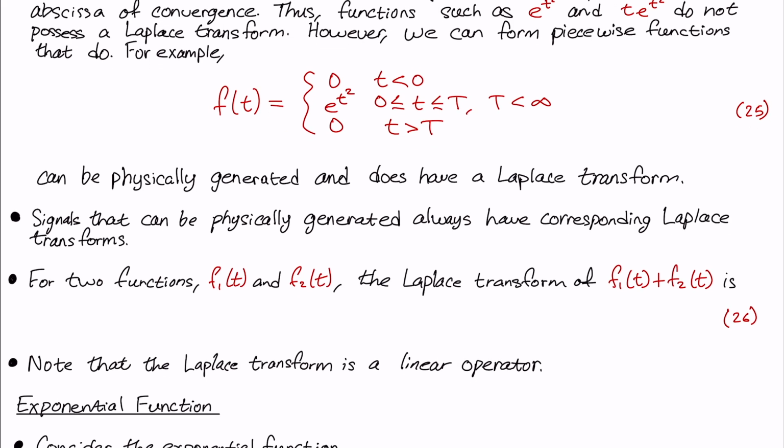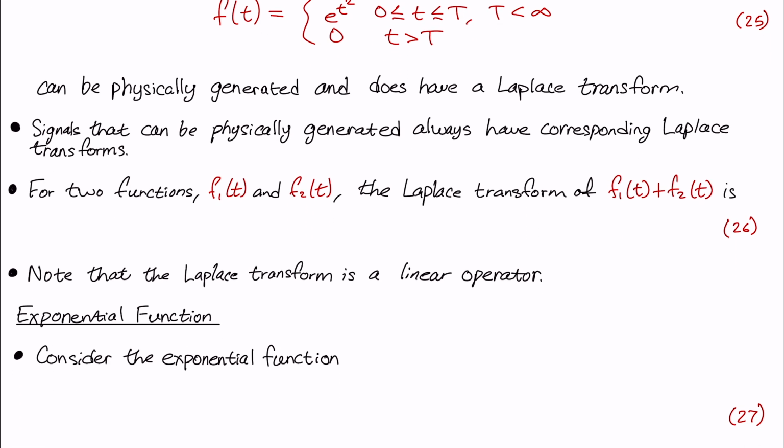Okay, we're going to take just a brief look at how to compute the Laplace transform of the addition of two functions. Then we'll take a look at the exponential function, step function, ramp function, and a few other functions from there. So we have two functions, f1 of t and f2 of t. Then the Laplace transform of their summation will be the script L acting on f1 of t plus f2 of t.